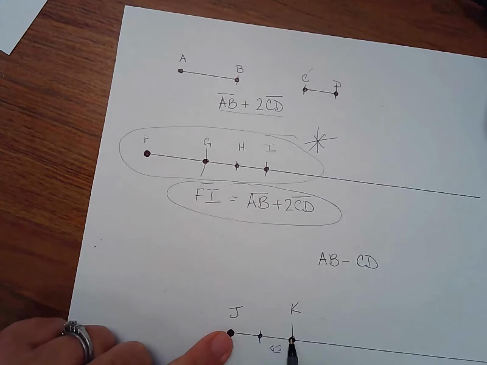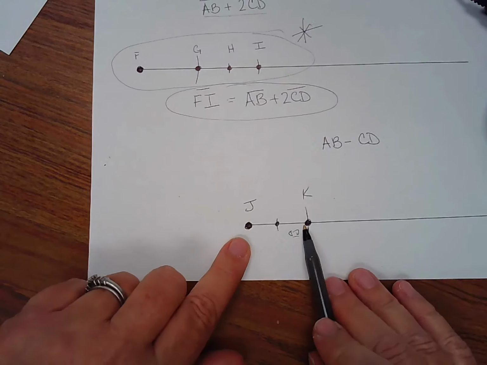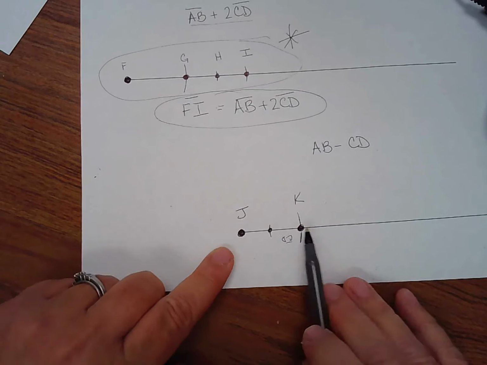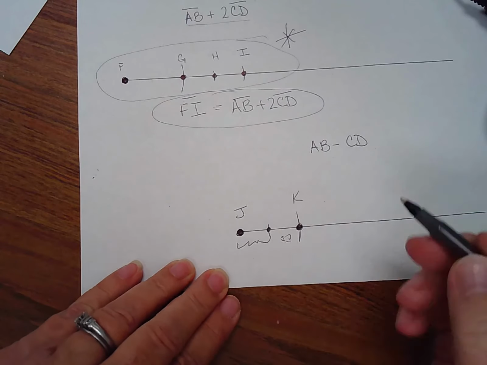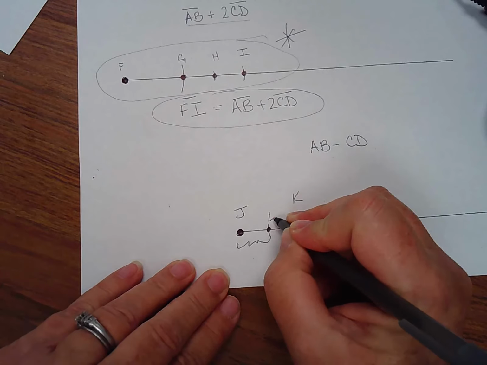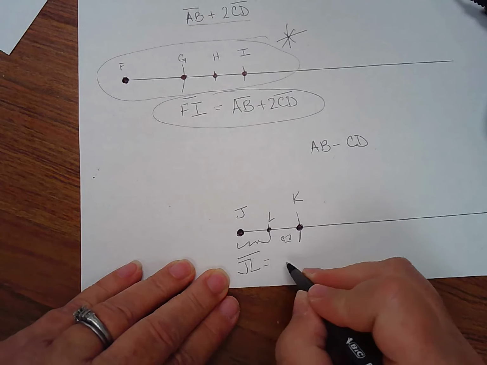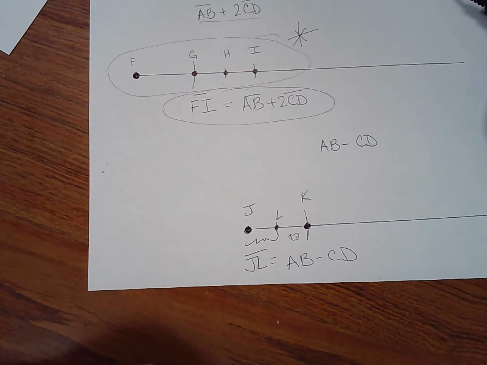So if I have all of AB, oops, I'm sorry, you couldn't see. If I have all of AB minus the CD part, that leaves me with this section right here. And we'll call this point L. So JL is equal to AB minus CD. Let me highlight that.